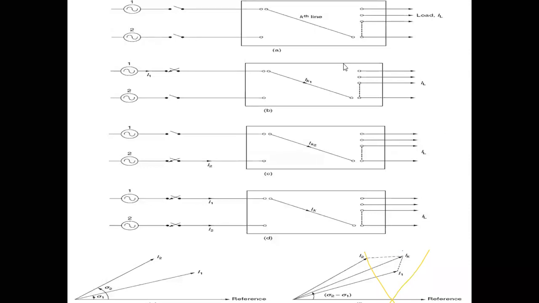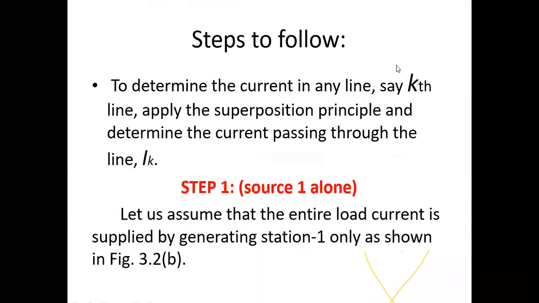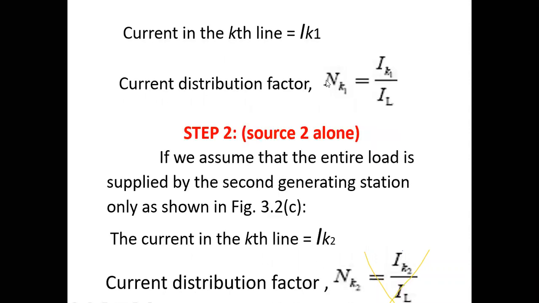Whatever procedure I already told you, the same procedure we will follow now. The first step is to consider source 1 only. When you consider source 1, find the current through the kth transmission line. That is Ik1. Along with the current, we need to find one more factor, the current distribution factor.